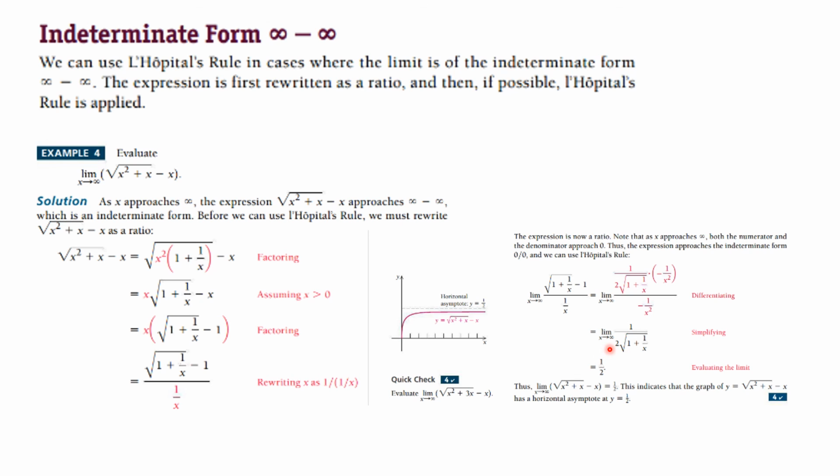But now I can take the limit of this as x goes to infinity, and as x goes to infinity, 1 over x goes to 0. So this is going to be 1 over 2 times the square root of 1, or 1/2. So this limit is equal to 1/2. And this indicates that the graph of this function has a horizontal asymptote at y equals 1/2. And here's a picture of how that would play out.